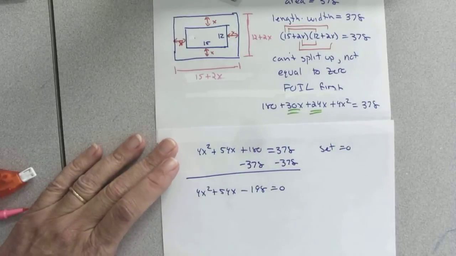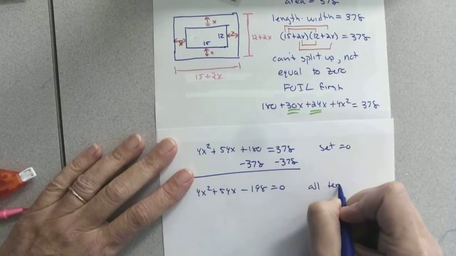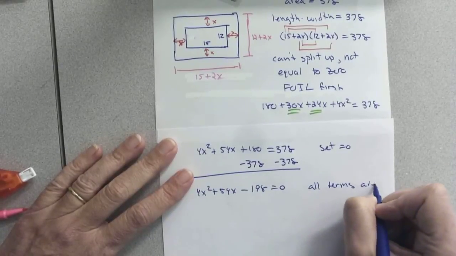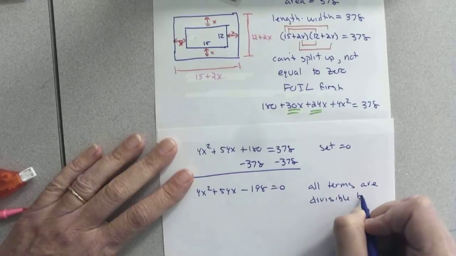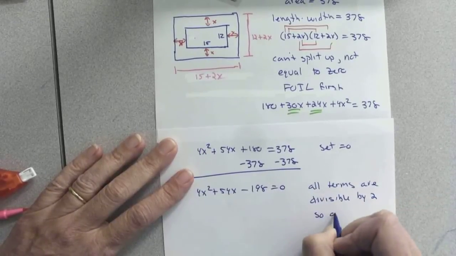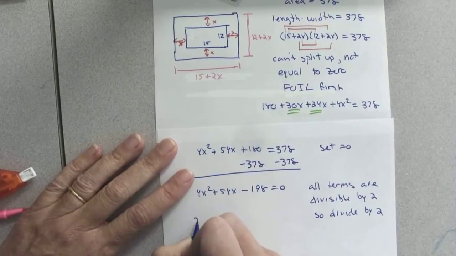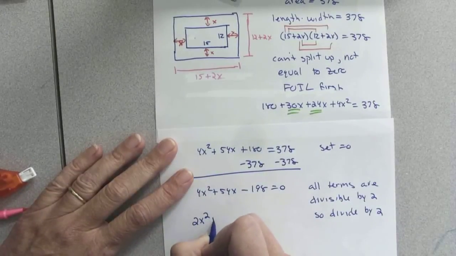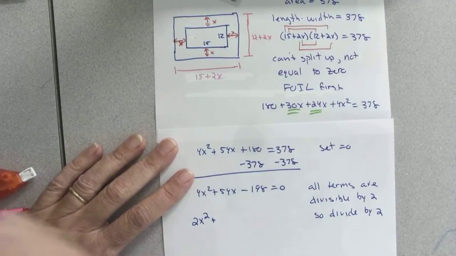I can simplify this a little bit. All terms are divisible by 2. So I can divide by 2. You wouldn't have to do that, but it will make things just a little bit easier.